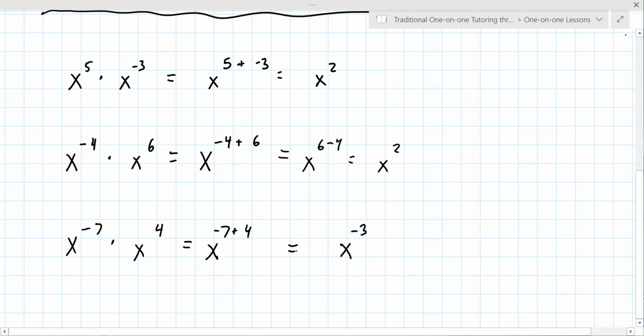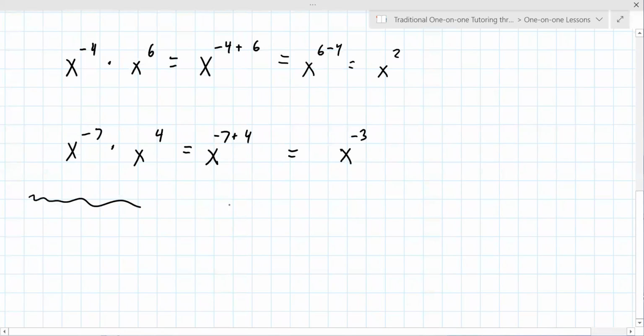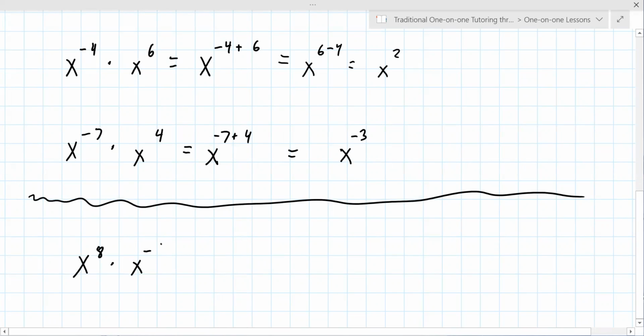So we spent some time last week working on this. That's why these skills are so important here. Let's try a few more. x to the eighth times x to the negative 6.